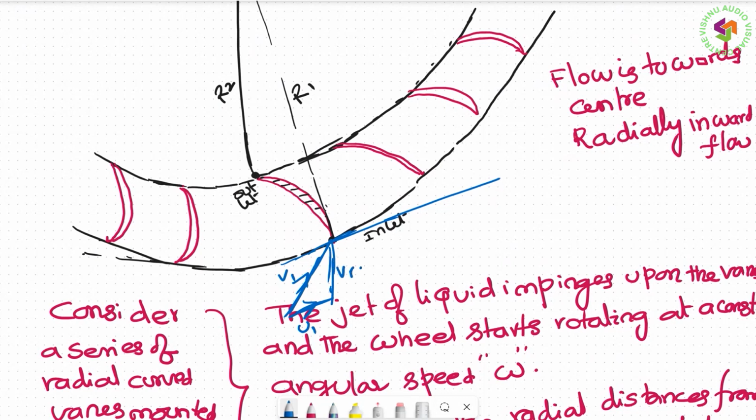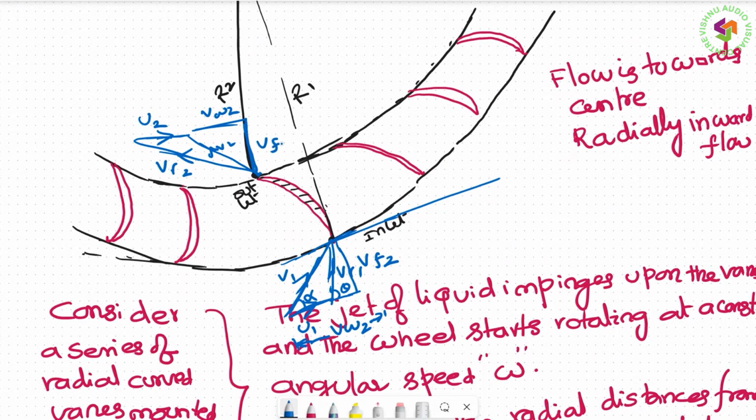This should be VR1. And this is VW2, this is VF2, and V1 makes angle alpha, theta. Here it flows directly as VR2, then this is U2, then this is V2, then VW2 and VF2.